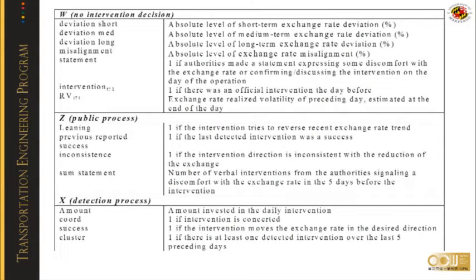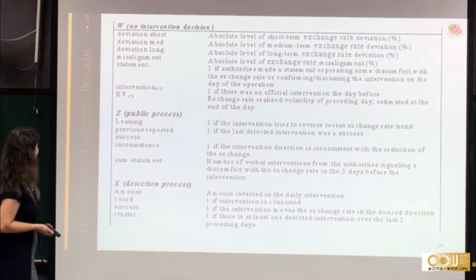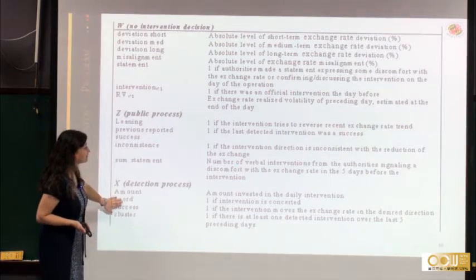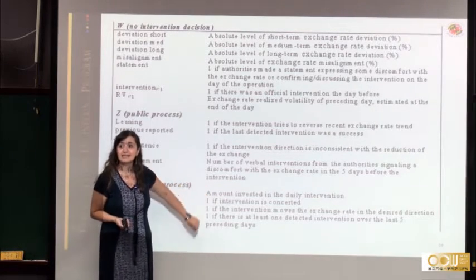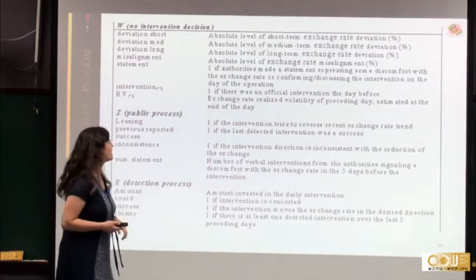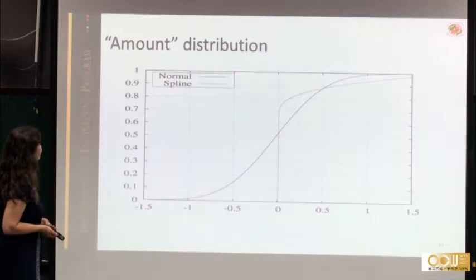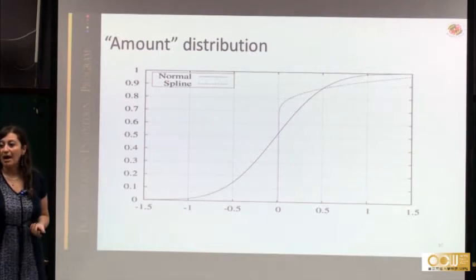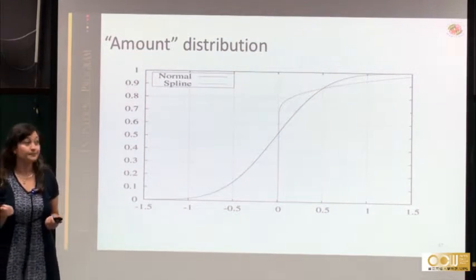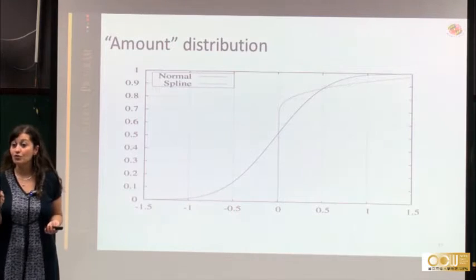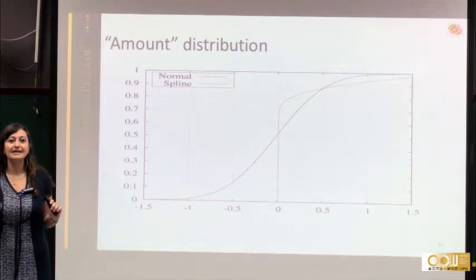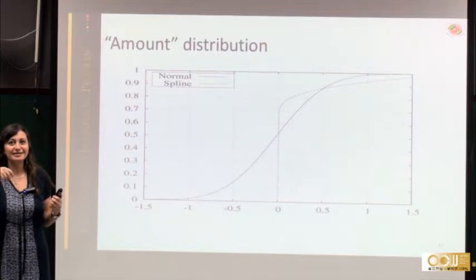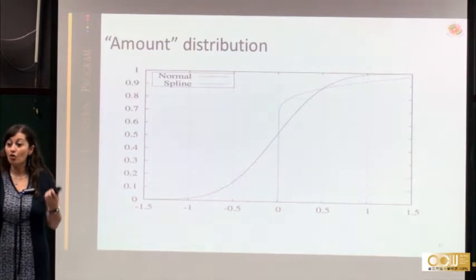I said, well, let's try to make the amount invested in daily intervention a random variable. They expected the amount to have a positive coefficient, because, and I don't know anything about finance, what they said is that the bigger the amount, the more it is known by the people.